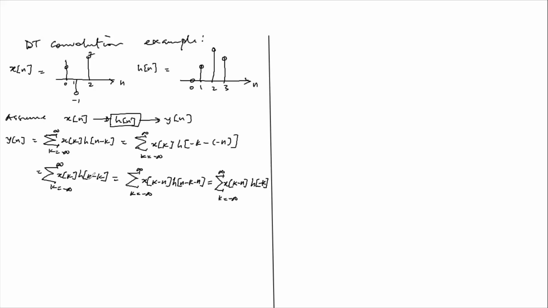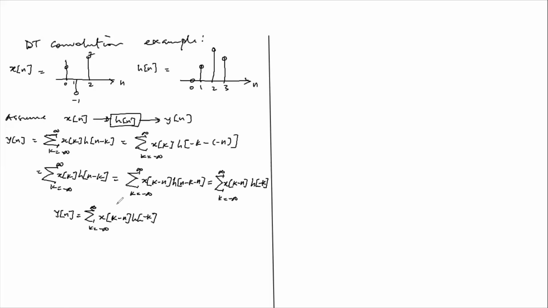So at this point, we can actually play with this. y of n is the same as the summation k equal to negative infinity to infinity, x of k minus n, h of minus k.